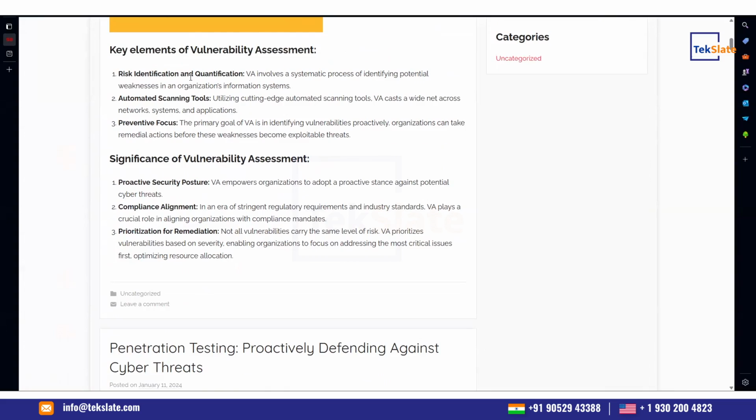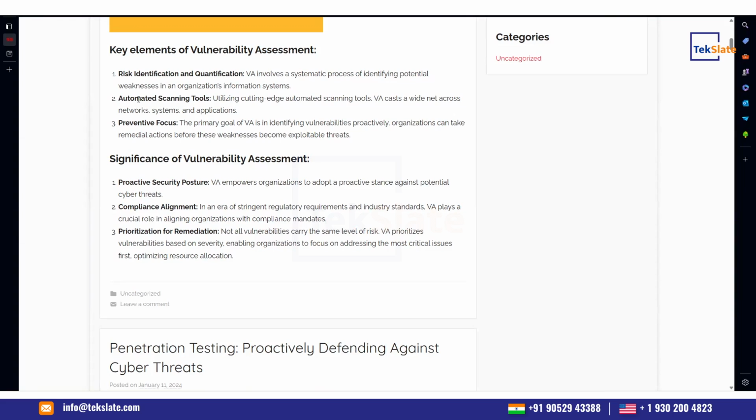Risk identification and quantification. Vulnerability assessment involves a systematic process of identifying potential weaknesses in an organization's information system. First we'll do the identification, and quantification means qualifying the risk which can potentially harm the organization.